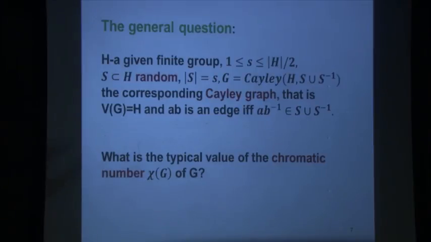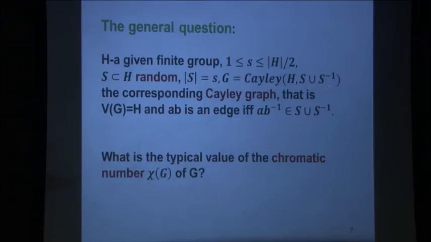So here is a general problem, and then this question of Emmanuel comes naturally. You can guess what the general question is. We have a given finite group, H. And we choose some number S between 1 and, let's say, the cardinality of the group over 2.